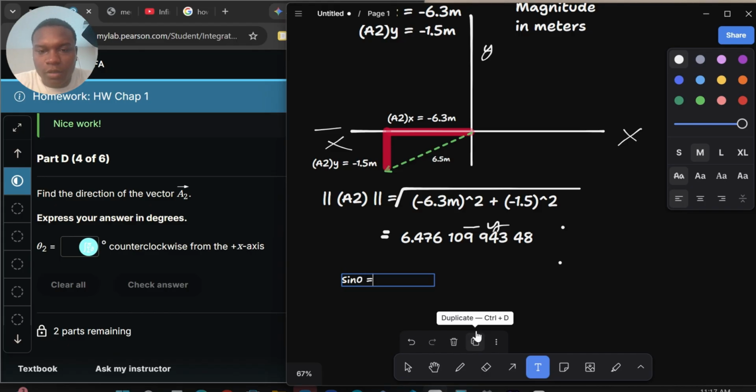Sine theta equals negative 1.5 over 6.5.